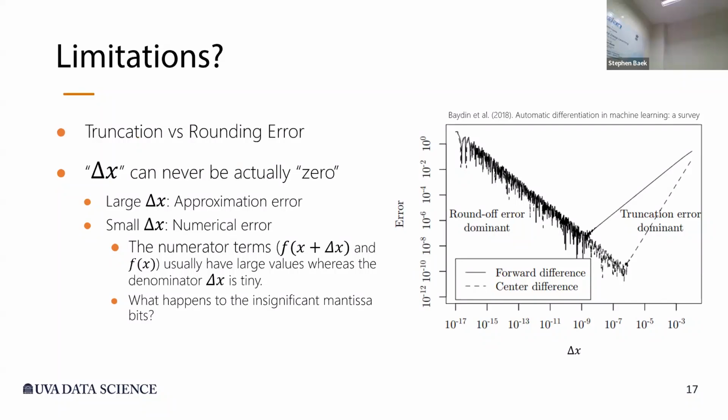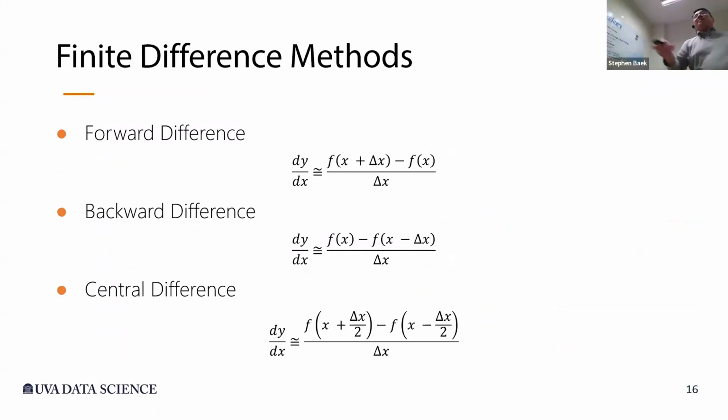The second thing is that the computation of this takes time. In the case of central difference, you have to evaluate the value at the forward, evaluate the value at the backward, and then divide by delta x.